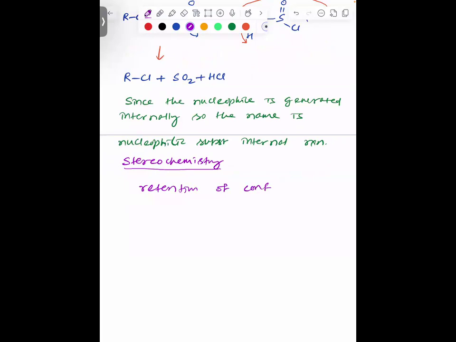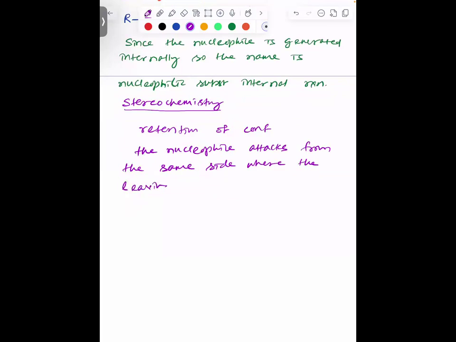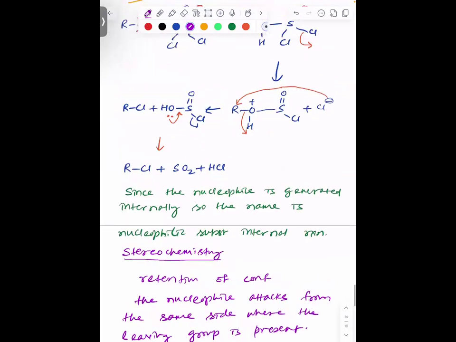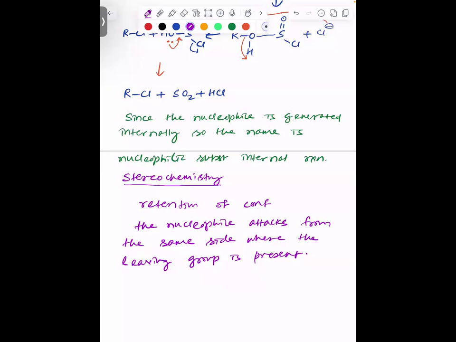We see SN2 gives inversion, SN1 gives racemization, and SNi gives retention. It is retention because the nucleophile attacks from the same side where the leaving group is present. When the nucleophilic attack is from the same side, it is complete retention of configuration.